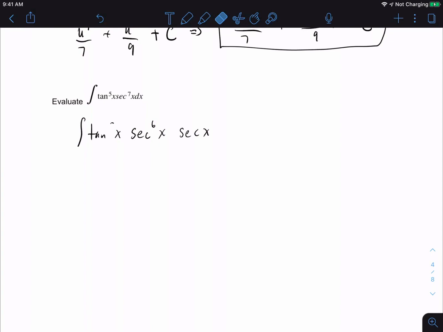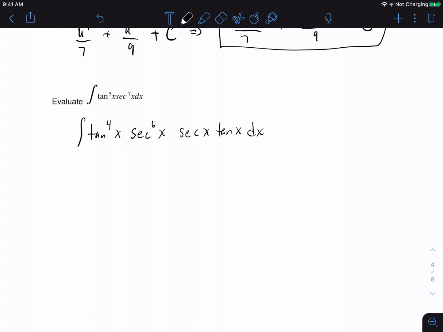My bad. Tangent x dx. And you should see something here. By me breaking it up this way, what do you think the u should be? Any guesses?